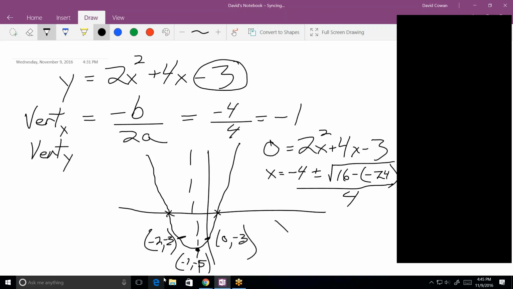Now, -4 plus or minus the square root of 40 all over 4. Can I simplify that any?